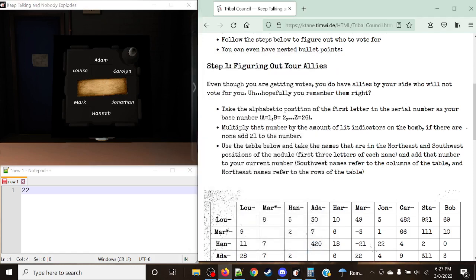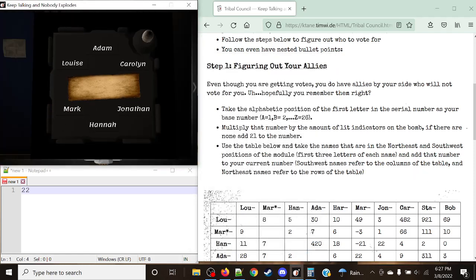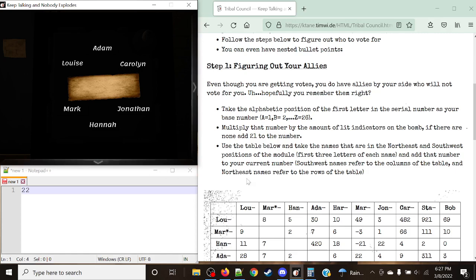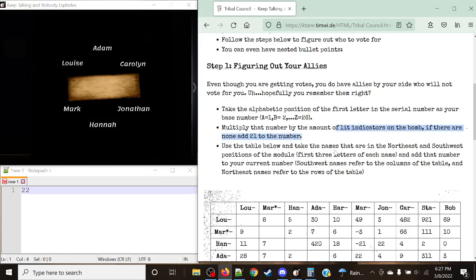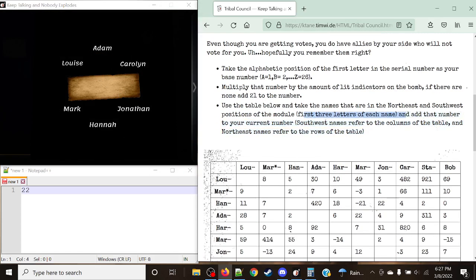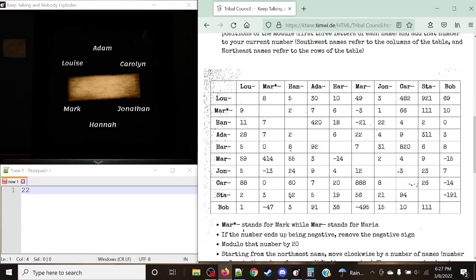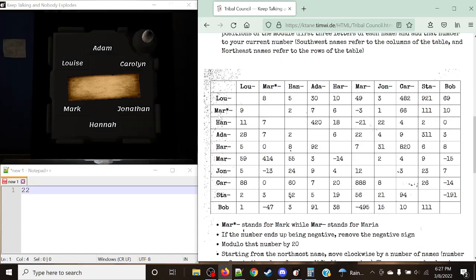Now we're going to take a look at the northeast and southwest positions of the module and record their names. We take the first 3 letters of each of their names, which in this case is CAR and MAR. One thing that's important to note is that there is a Mark and a Maria on the module. Mark is the one with the asterisk next to it, and Maria is the one without the asterisk.